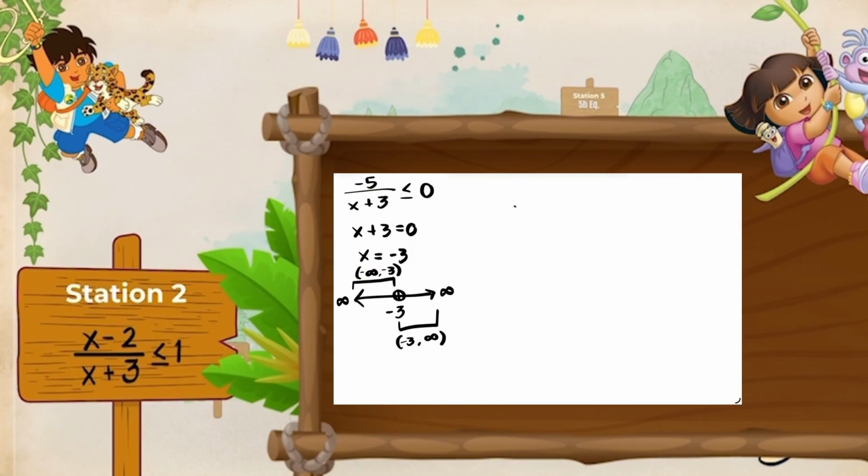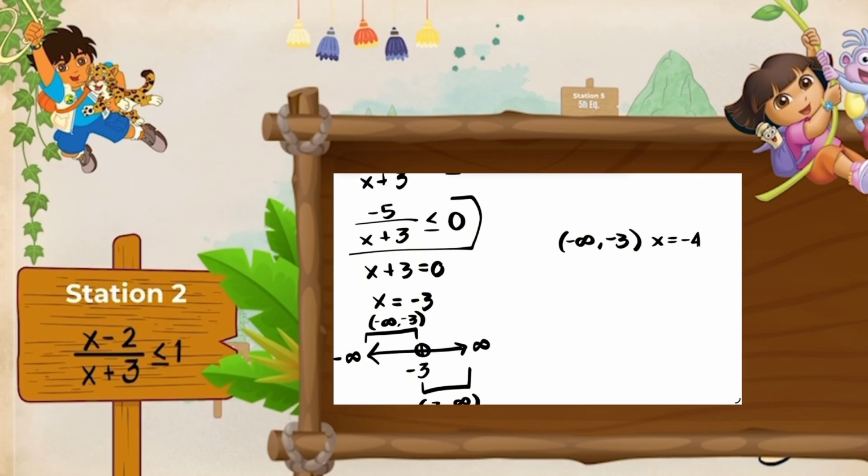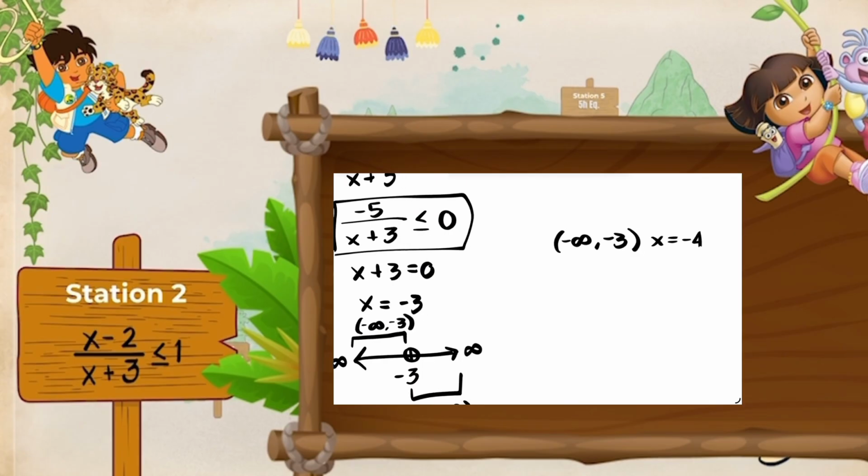Let's solve first for negative infinite and negative 3. Let's choose negative 4. So let's change the x of that equation into negative 4.